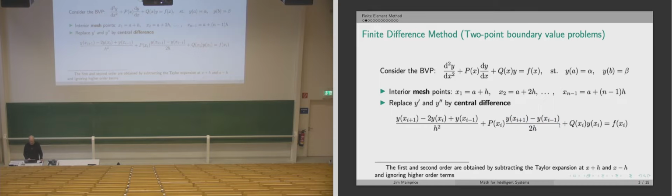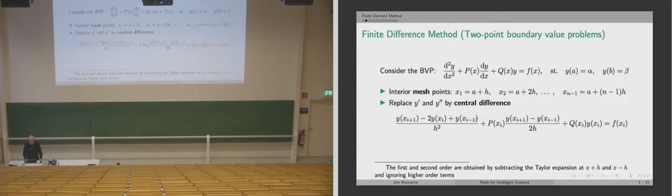And for the second order derivative, we simply recursively apply that formula twice, and that's why we end up with these coefficients. So we have x i plus 1 here, xi here, and xi minus 1 here.